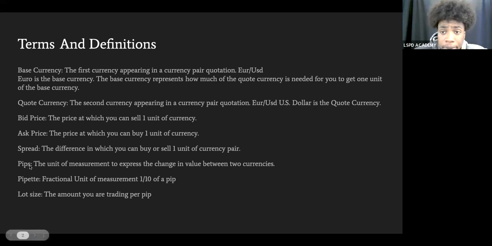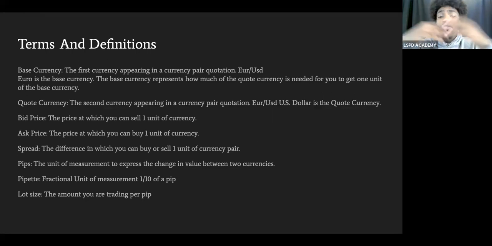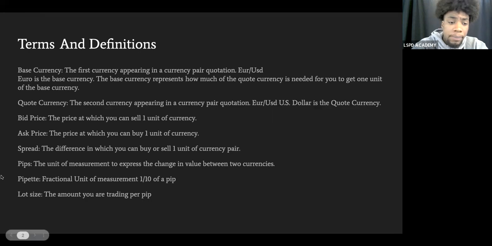So pips are the unit of measurement to express the change of value in two currencies, right? That is how we're able to calculate how much the exchange rate is changing. It is the unit of measurement we use to understand what is changing in reference to that exchange rate.